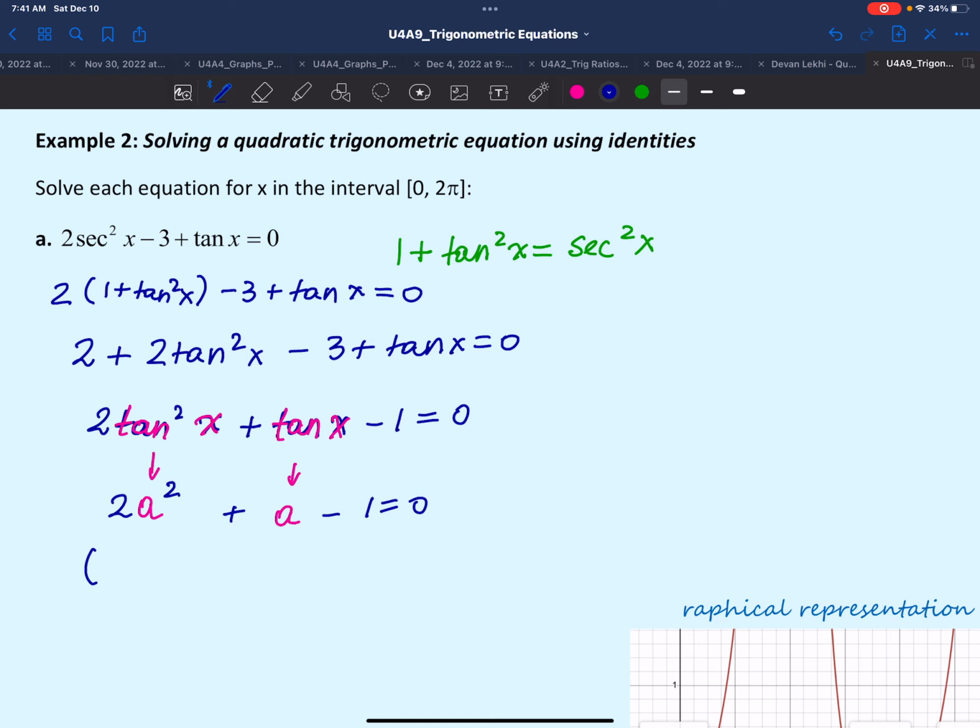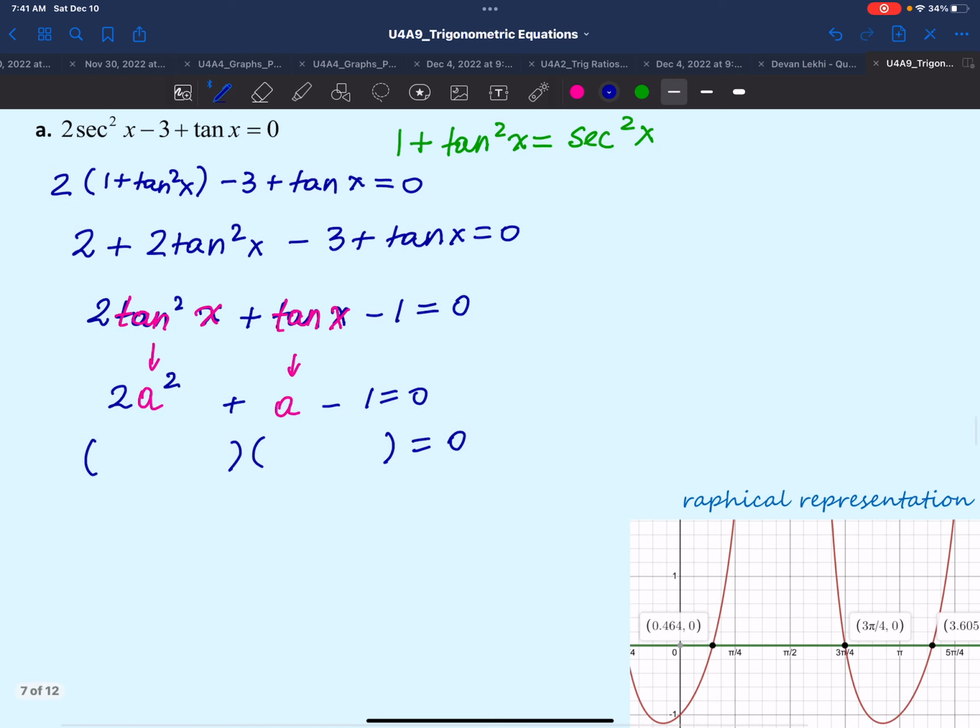And now let's factor. So we are solving this as a polynomial equation first. So this will factor into 2a and a. This is what gives the 2a squared. And two numbers that multiply to negative 1 and give a sum of positive 1 for the middle term would be negative 1 and positive 1.